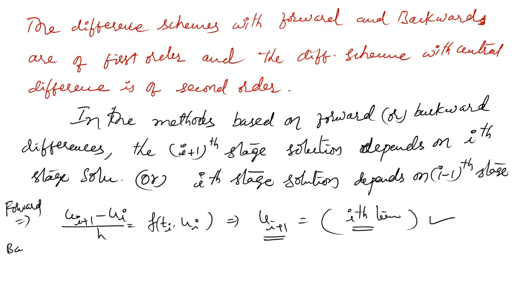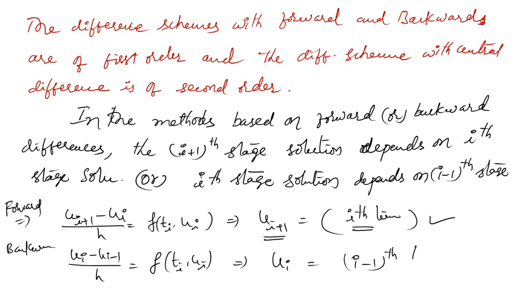If I use backward, then ui minus ui minus 1 by h equals f of ti comma ui. Therefore the ith term depends only on the i minus 1 term.